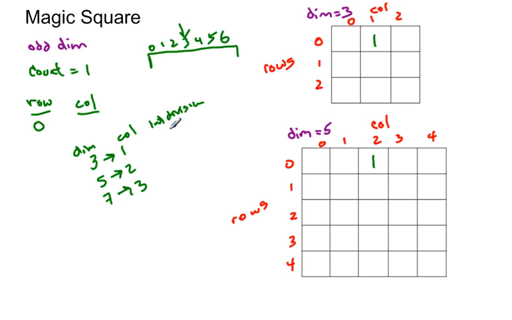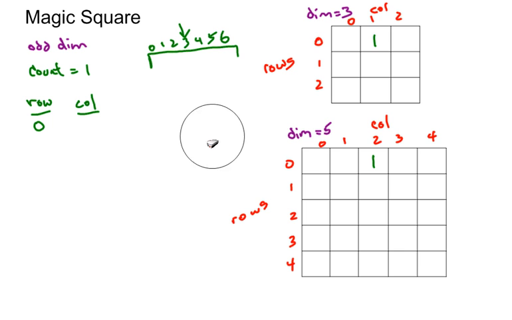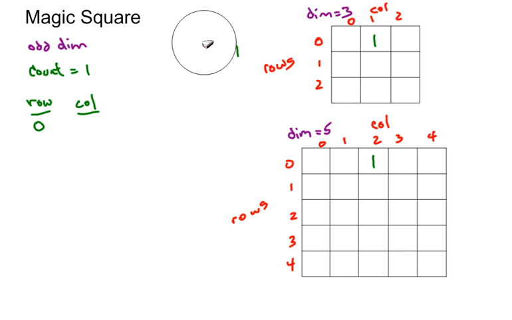So notice how I can do 3 divided by 2 and that equals 1. And 5 divided by 2 equals 2. And 7 divided by 2 equals 3. So you'll notice that the very first value for column is your dimension divided by 2. All right, so let's get some of this put away. So our column is going to start at dimension divided by 2.